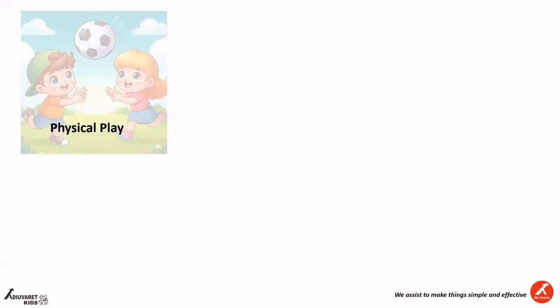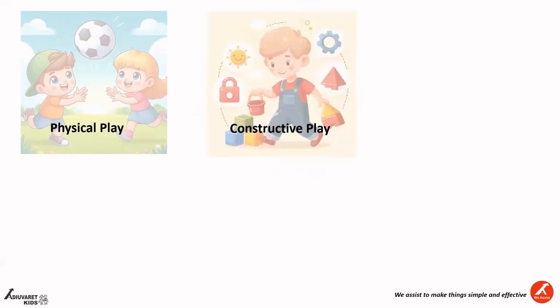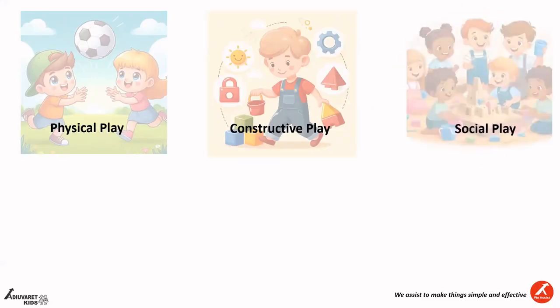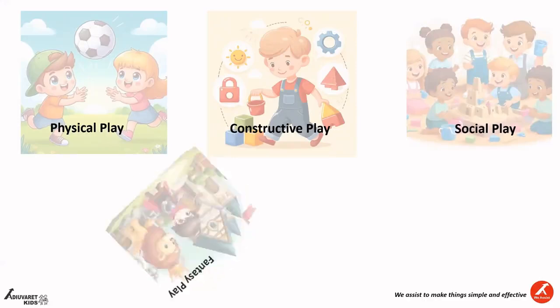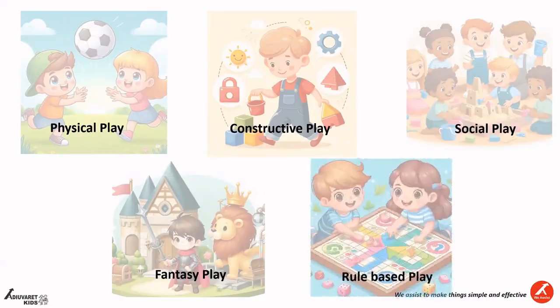First is physical play. Second is constructive play. Third is social play. Fourth is fantasy play. And fifth, what we generally have in preschools, is rule-based play.